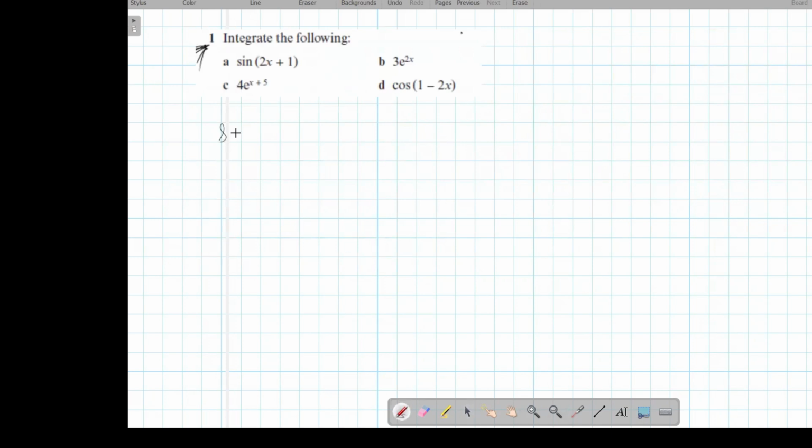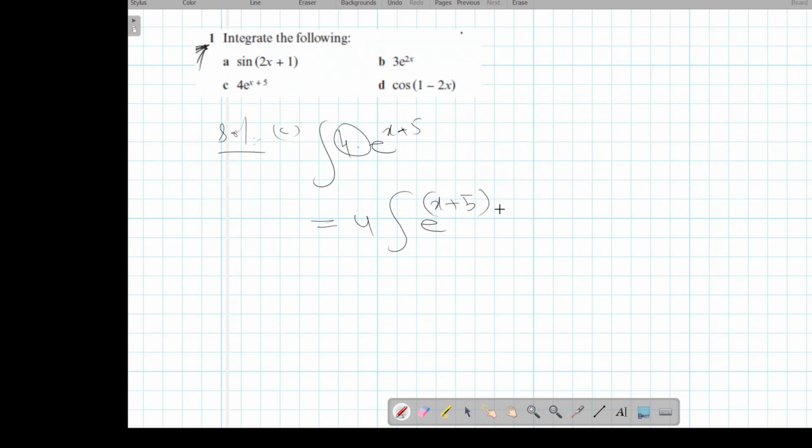Let's do 1c. Integrate 4 times e to the power x plus 5. This 4 has nothing to do with the integration, so you can take it outside.